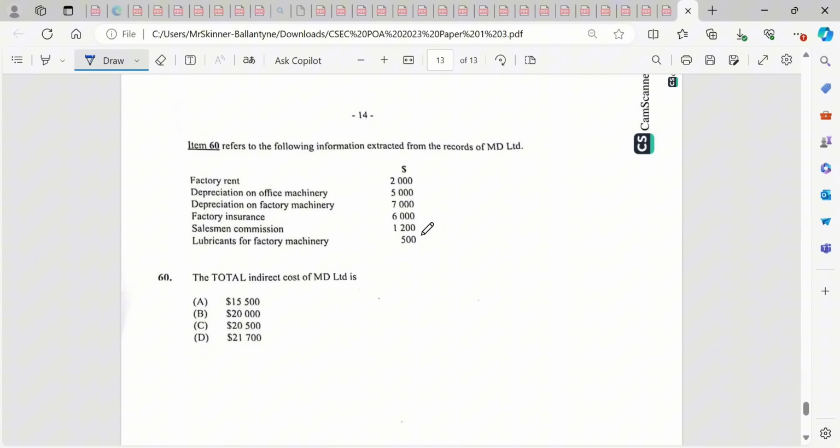Number 60, they want to know the total indirect cost. Remember, it has to be related to the factory. So factory rent, yes. Depreciation of office machinery, no, because that's office machinery. Depreciation of factory machinery, yes. Factory insurance, yes.